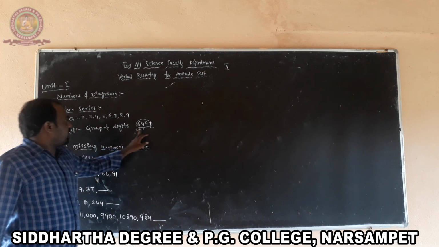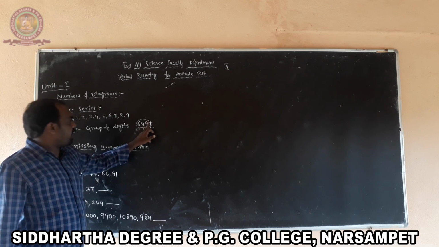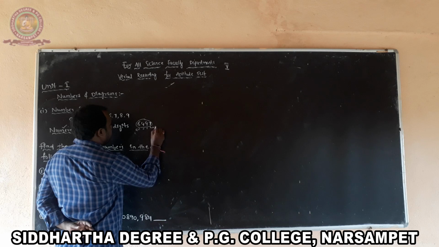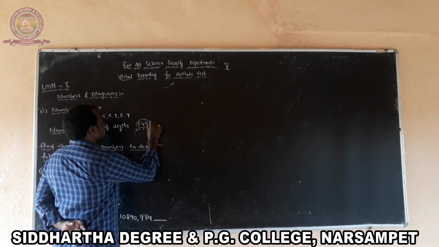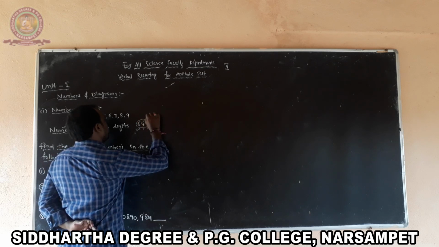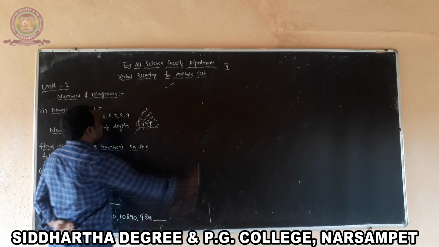This can be studied as 6497. Here 7 stands for 10 power 0, the ones. Next 9 is tens, then hundreds and thousands.